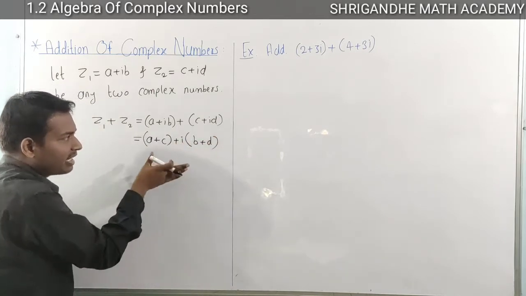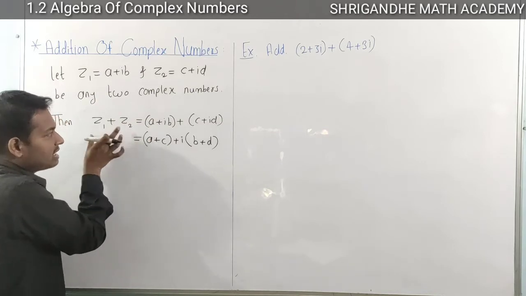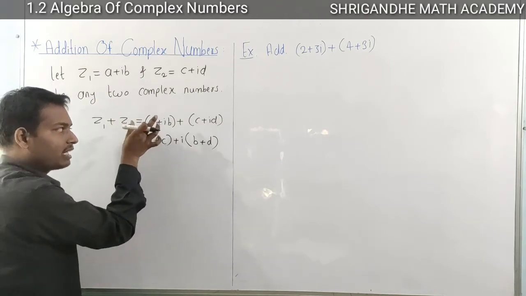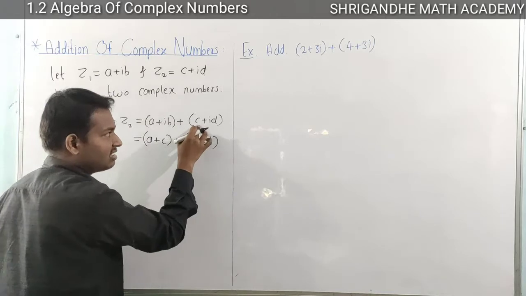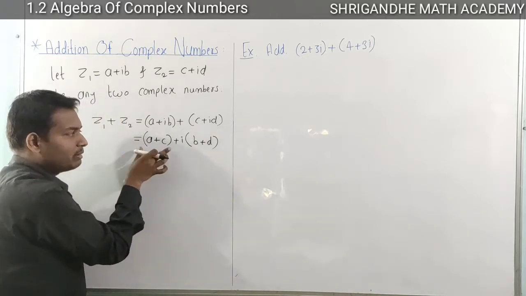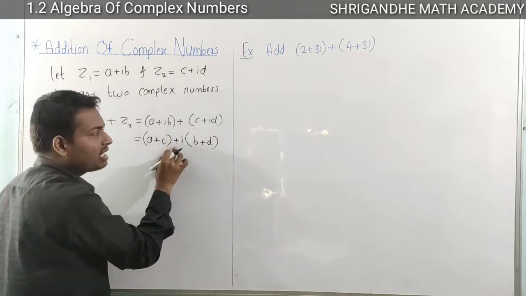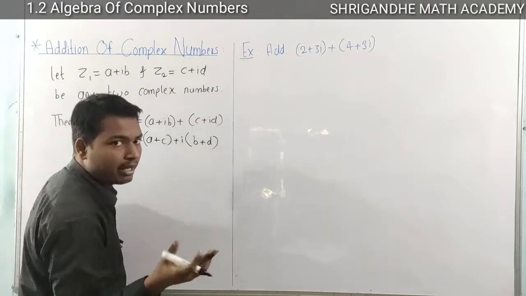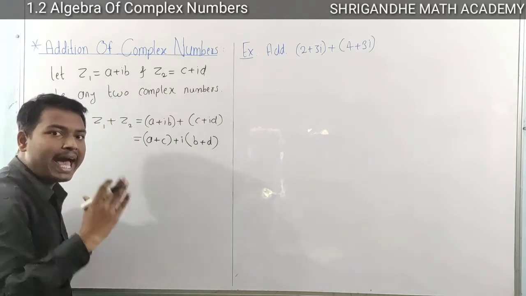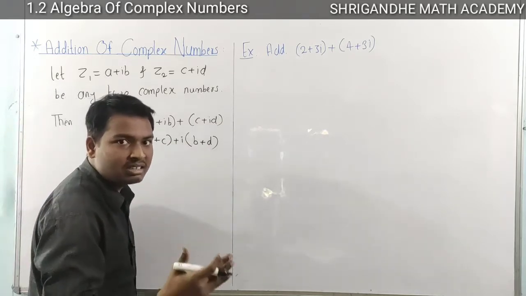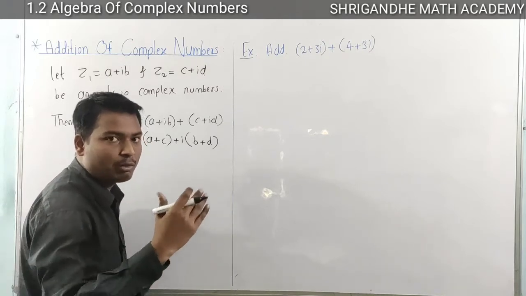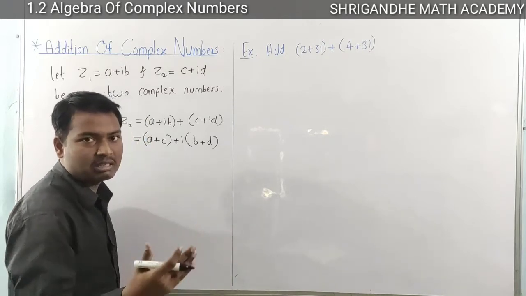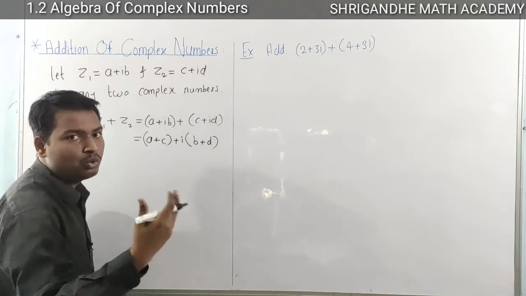I repeat the concept again. Z1 plus Z2 is equal to, in bracket a plus ib plus in bracket c plus id, is equal to, in bracket a plus c plus I in bracket b plus d. Why? Because here we add the corresponding real parts as well as the corresponding imaginary parts of complex numbers Z1 and Z2 respectively.